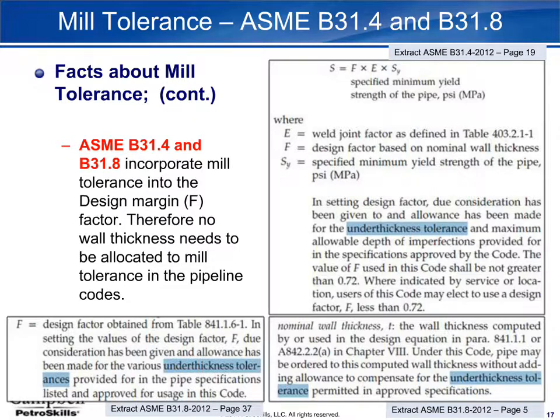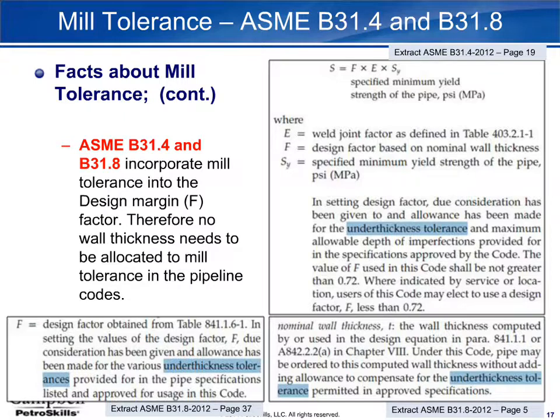Within the design factor F, in B31.4, that is the 72% of SMYS, or 72% of yield, there has been an allowance made for mill tolerance. In B31.8, where that F factor varies based on location class, again, that is attributed to being considerate of under-thickness tolerance, as they call it here, from manufacturing. So the pipeline codes say this is wrapped up within that F factor.